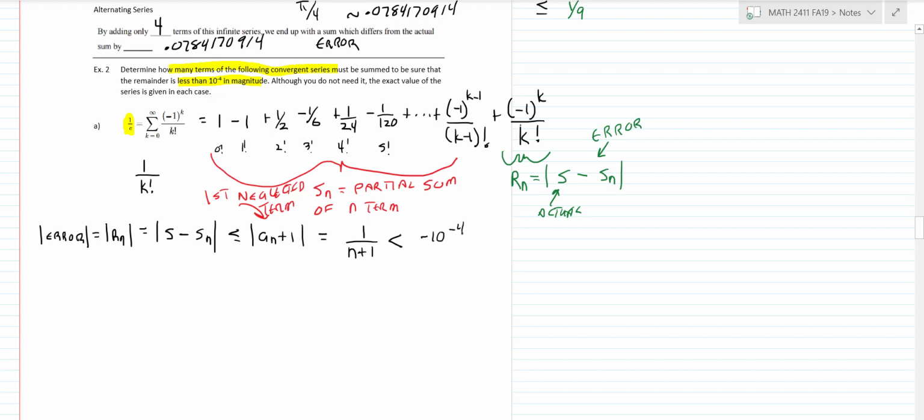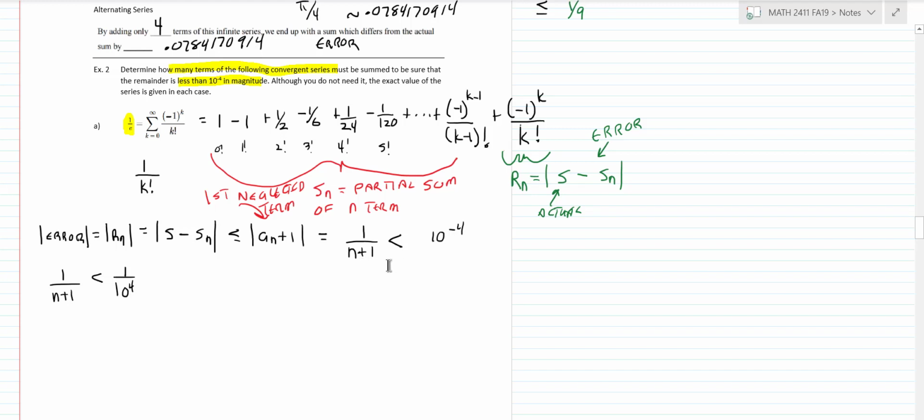So I'm going to write this as 1 over n plus 1 factorial less than 1 over 10 to the 4th power like that. Now I'm going to use it this way, and we're going to count out the factorials, and I'll show you how we can figure out how many terms it's going to take to make the remainder less than 10 to the negative 4.